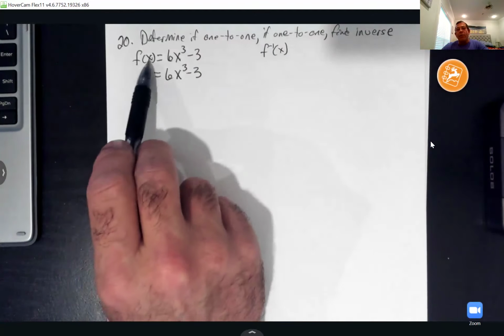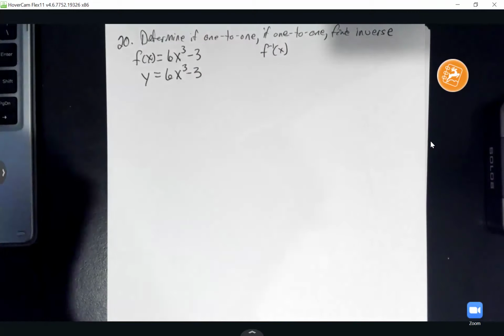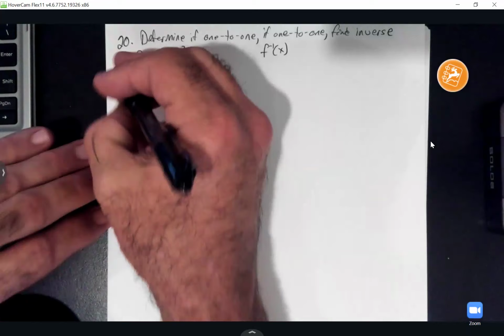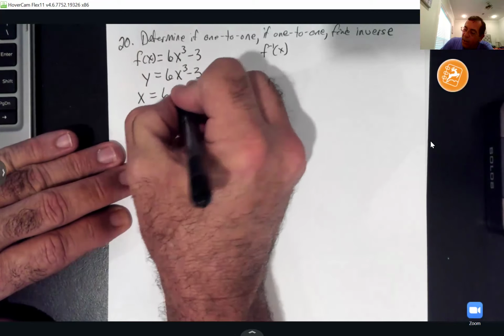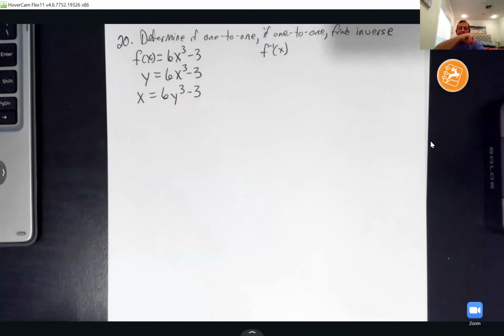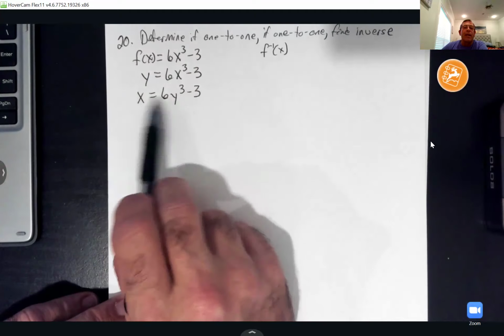So what did I do after I made the f of x into a y? Flip the x and y. So we're going to get x equals 6y cubed minus 3. So remember, don't move the 6 into a cube. Just change the x into y.